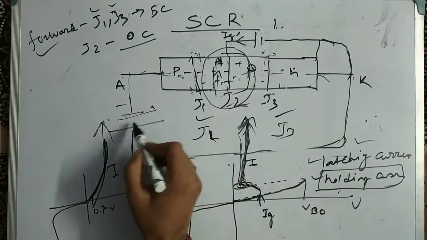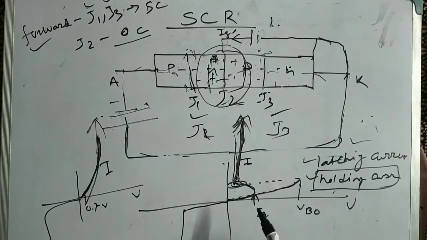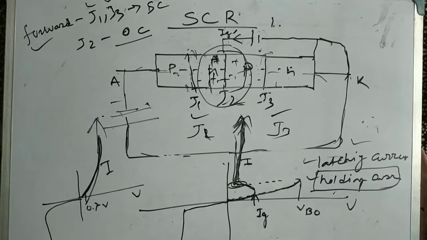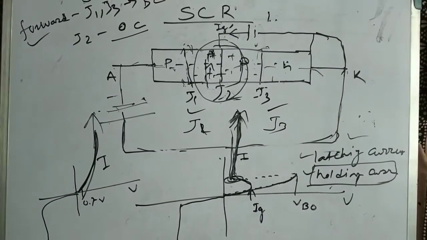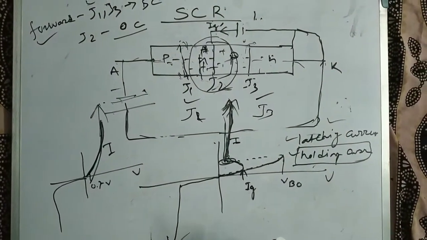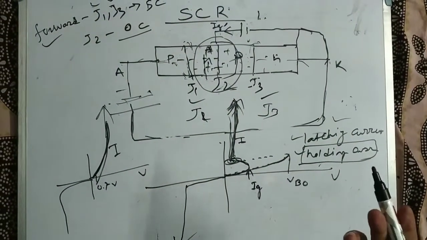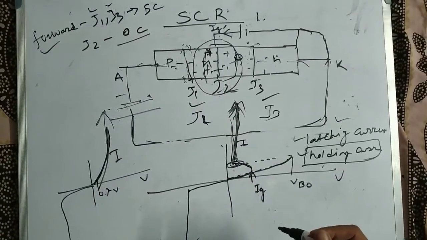We can change the supply, or to stop the SCR another commutation circuit is needed, which we will study in another chapter, commutation circuits for SCR.